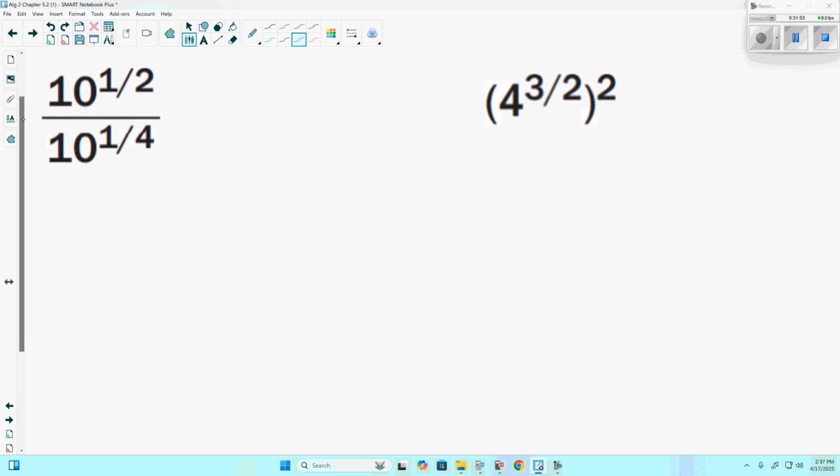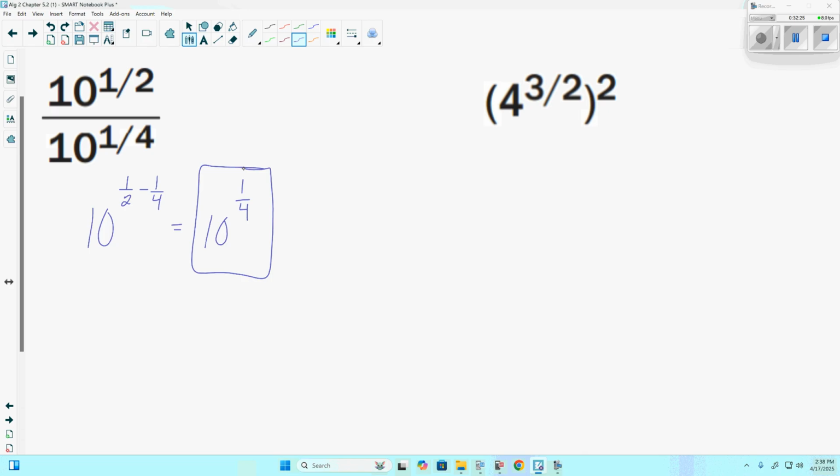10 to the 1/2 over 10 to the 1/4 is 10 to the 1/2 minus 1/4. Now we can't plug these into the calculator, well, I mean we can, but there's no number times itself 4 times that gives us 10 that is an integer or a rational number.